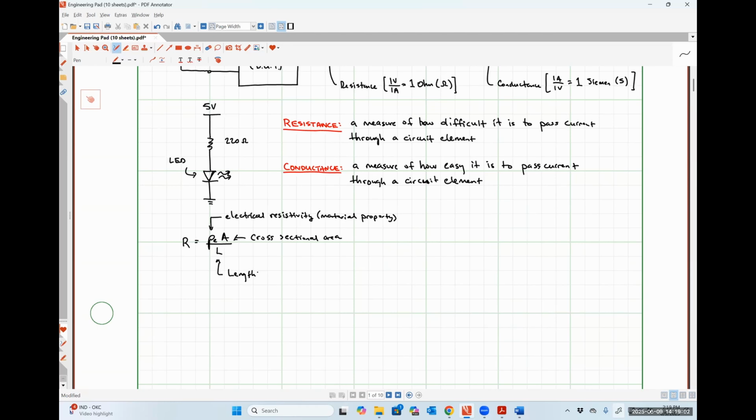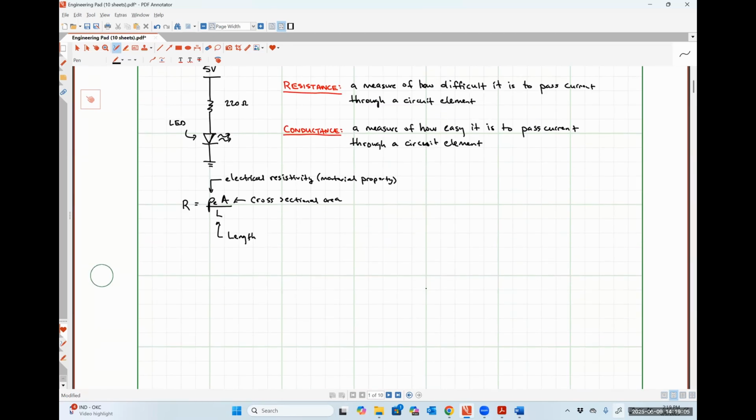So what I want us to do here is to calculate the resistance of a section of wire, okay? So as a quick example, let's say that we're going to calculate the resistance of a L equal to 1 meter long section of AWG number 22 copper wire.